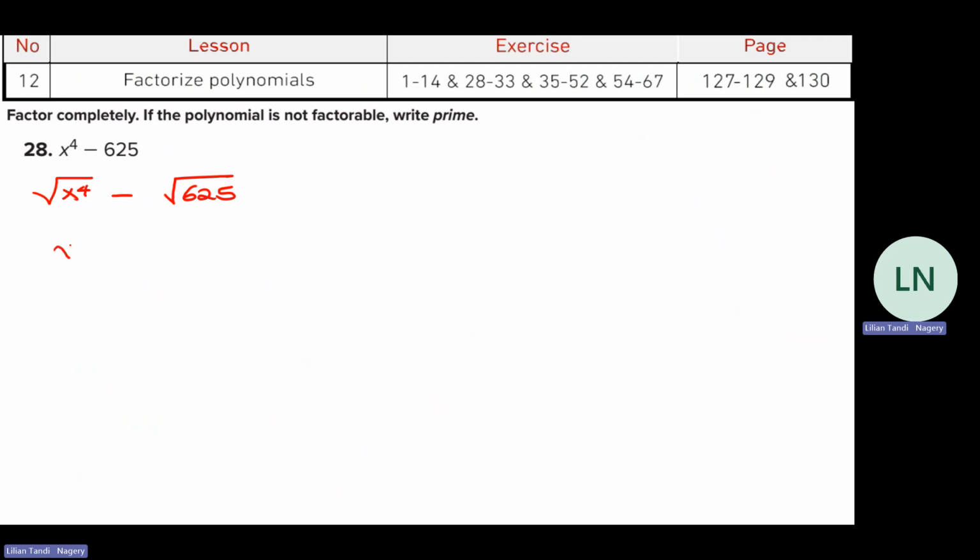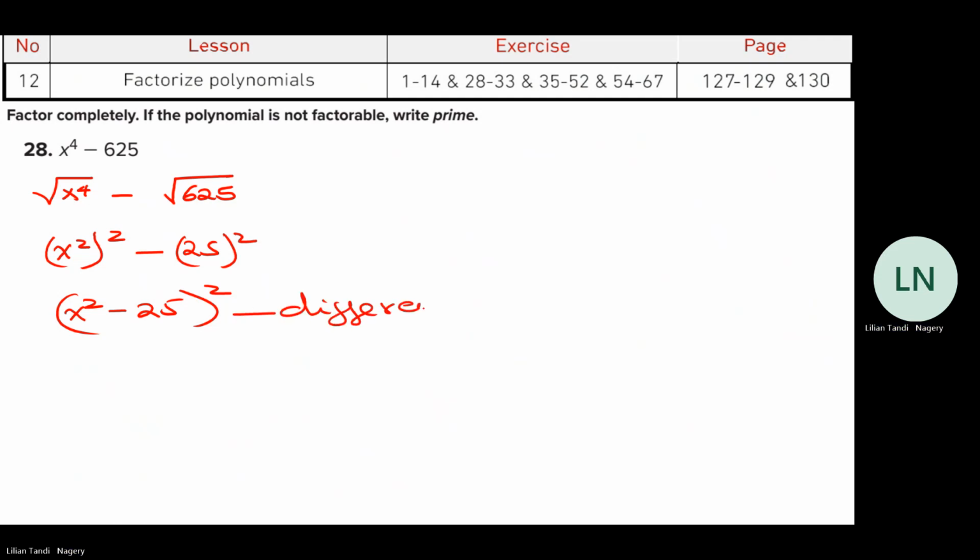So that becomes x squared minus 25 squared. And like I said, this is a difference of squares.